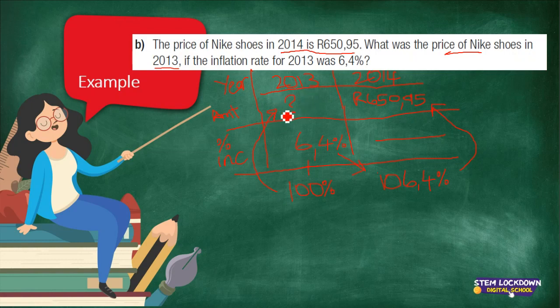So what was this amount? Here I'll be using the very simple method of cross multiplication. It is best to start with your unknown, so that life will be quick. So I want to know the amount for 2013.